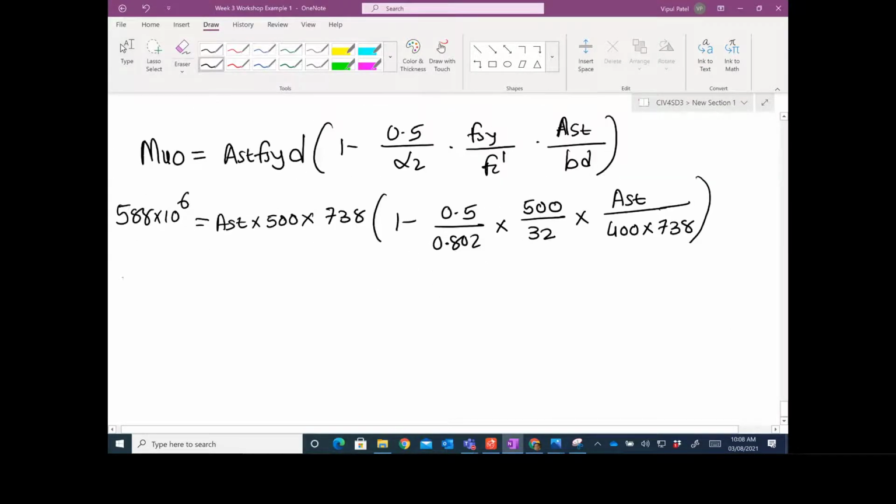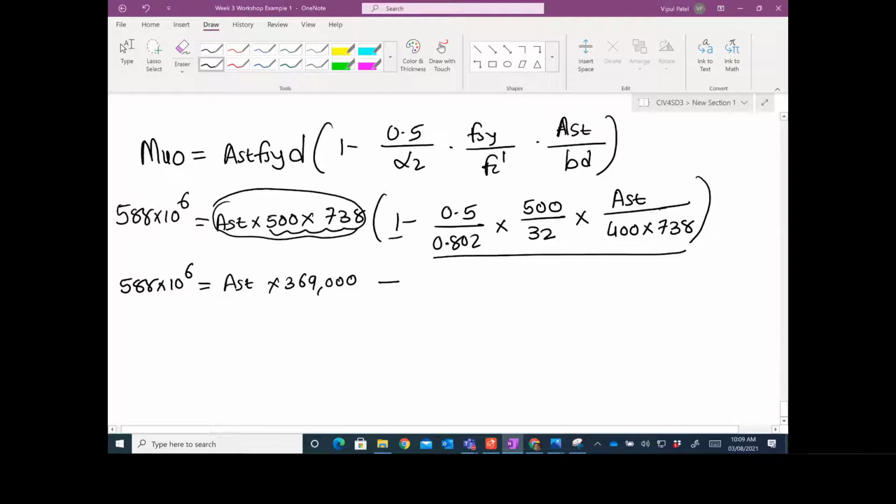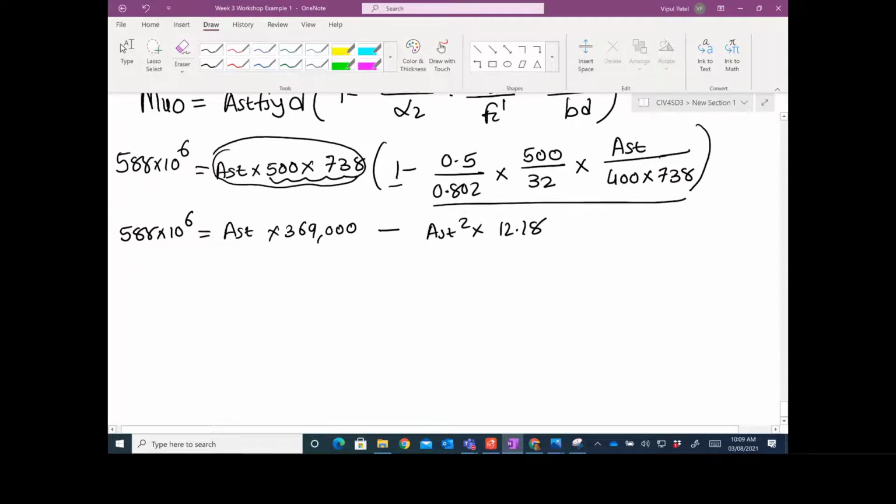So if you have 588 times 10 raised to 6, and if you just expand this one, multiply this by 1 here, you will get AST times 36900. Take away, you again multiply this whole chunk with this big number here, you will get AST square times 12.18.